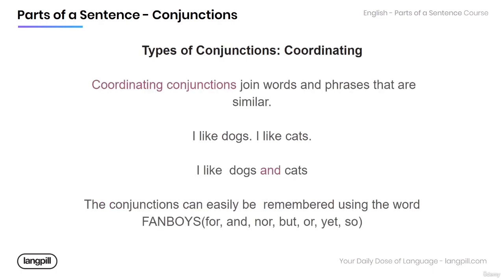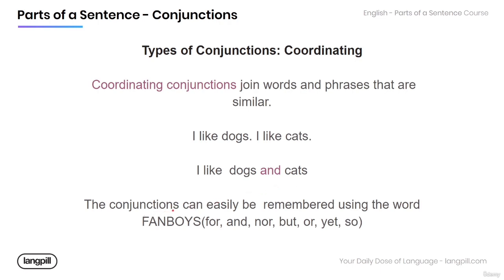All right, so here we have coordinating conjunctions. And remember, coordinating conjunctions join words and phrases that are similar. So here we have I like dogs, I like cats. These sentences are similar, but we can use a coordinating conjunction to make it I like dogs and cats.